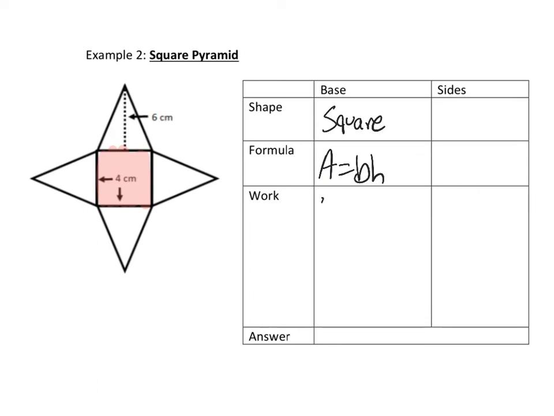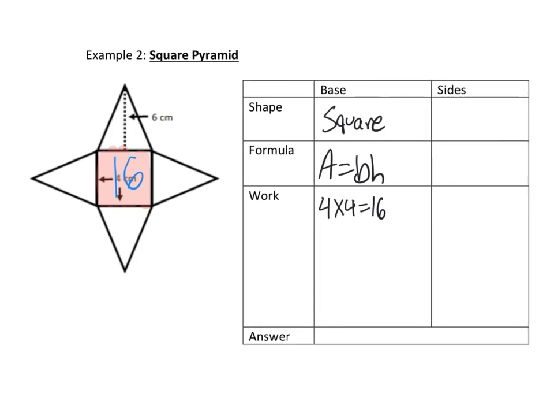And the work would be 4 times 4 to give us 16. So let's write that in. Now, let's figure out the sides. All the sides, since it's a square base, are going to be the same. So this triangle, this triangle, this triangle, and this triangle are all the exact same. So it should make our work a little less.